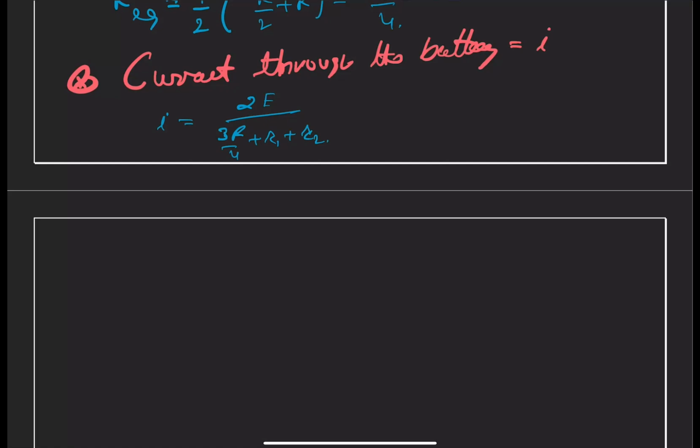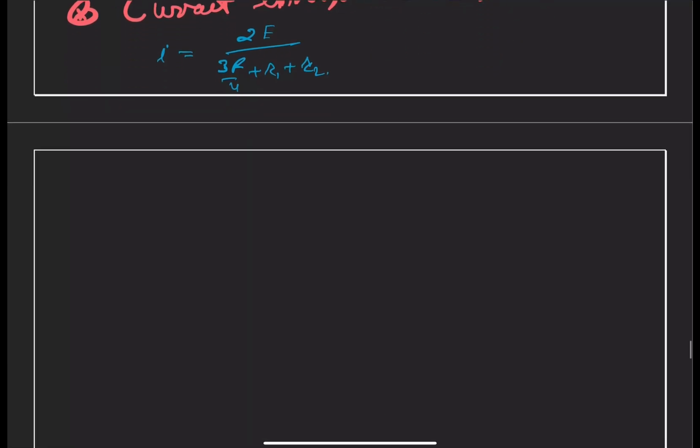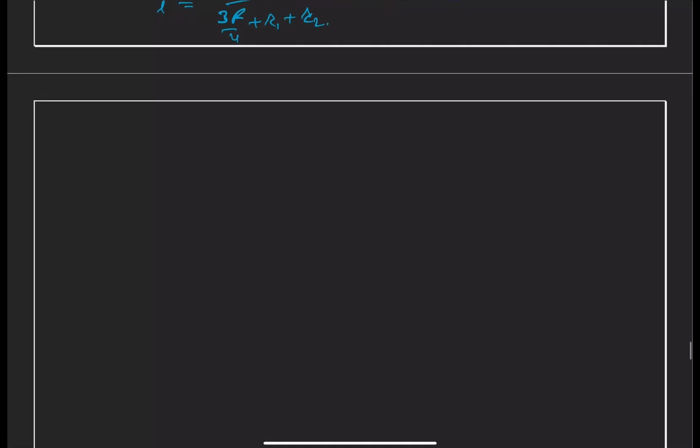Now we are given that the potential difference across the terminals of cell A is equal to 0, because based on this we are going to find the value.